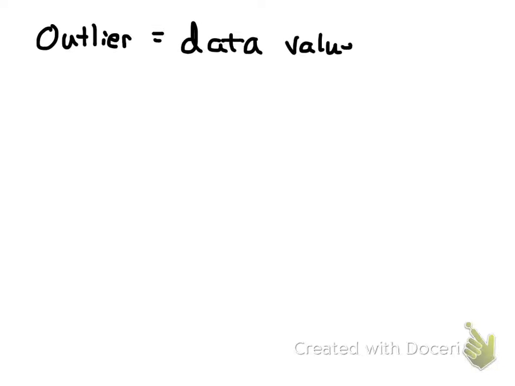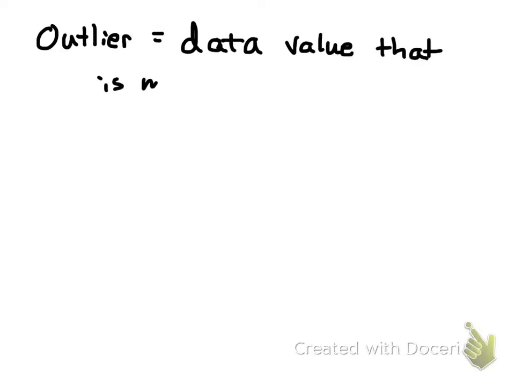All right, we're going to identify outliers now. An outlier is a data number that's really great or really small in comparison to the other data values. So it just doesn't fit in with the crowd. It's not going to be a number that's close to the other numbers. It's going to be way off the other numbers. So if most of your numbers are like 7, 8, 9, the outlier would be like 1, because it's way different than 7, 8, and 9.